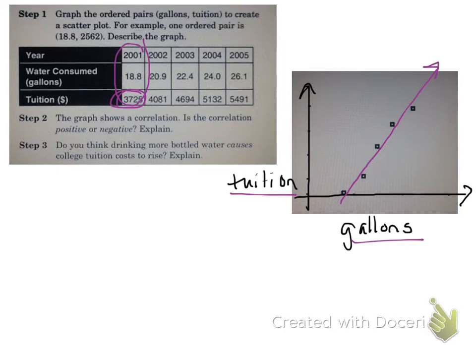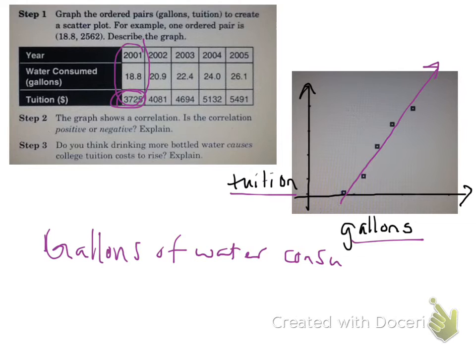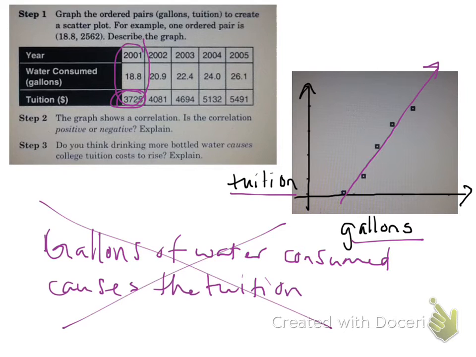But do you think that the gallons of water consumed causes the tuition to increase? No, absolutely not. That is not causation. It is correlation.